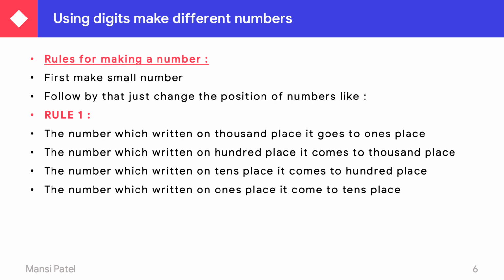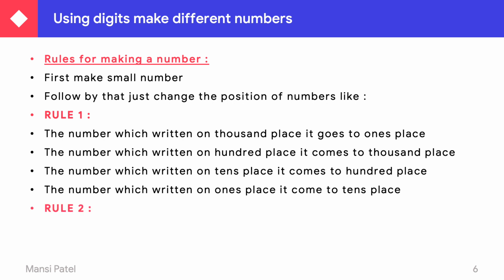Okay, so your first rule is that, followed by that, just change the position of the number. And how you can change the position of number? The number which is written on thousand place goes to ones place, the hundreds place comes to thousand, tens place comes to hundreds, and ones place comes to tens place.